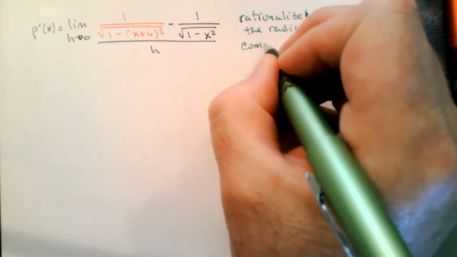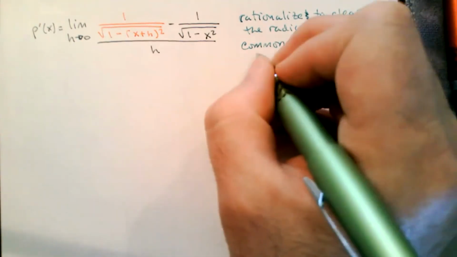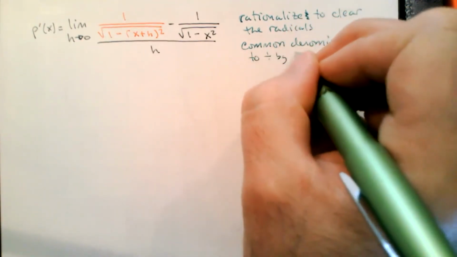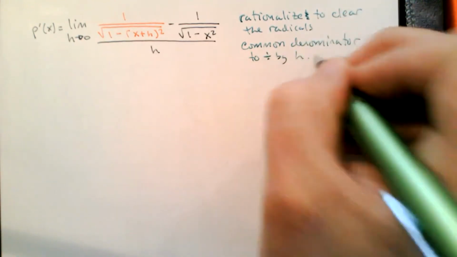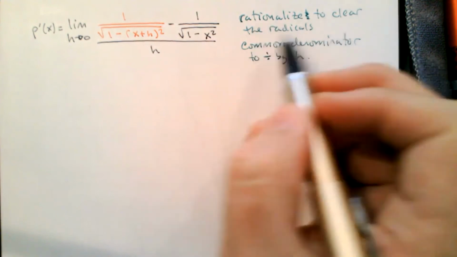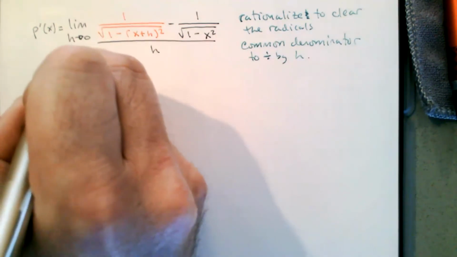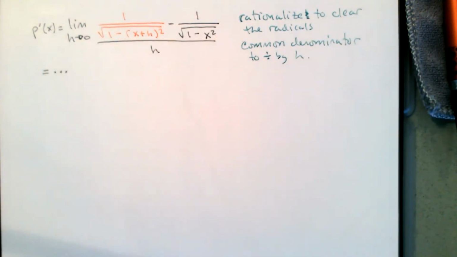Common denominator, so that we'll be able to divide by h. We'll just use a combination of our previous techniques to deal with this slightly more complicated function. You can tell by the fact that I wrote instructions over here, and that now I'm following that up with just dot, dot, dot, that we've come across the second question that I'm not going to answer, but leave as a challenge to the reader.